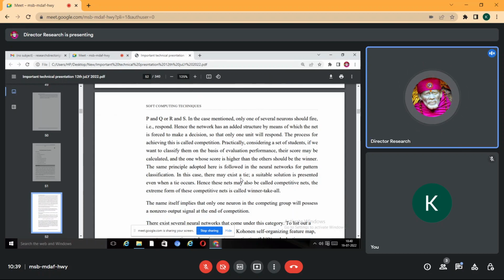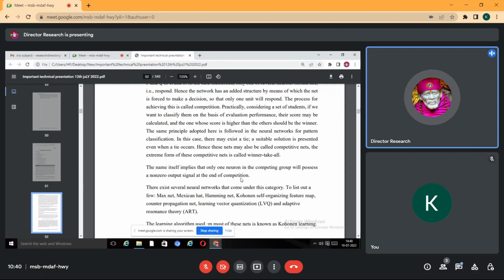The same principle is followed in neural networks for pattern classification. In this case, there may exist a tie. A suitable solution is presented even when a tie occurs. Hence, these nets are also called competitive nets. The extreme form of these competitive nets is called winner take all.